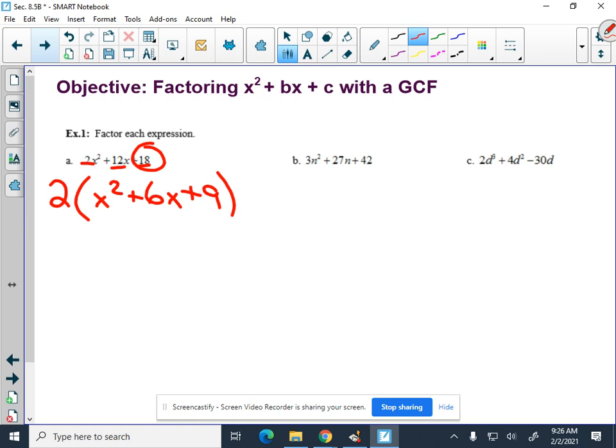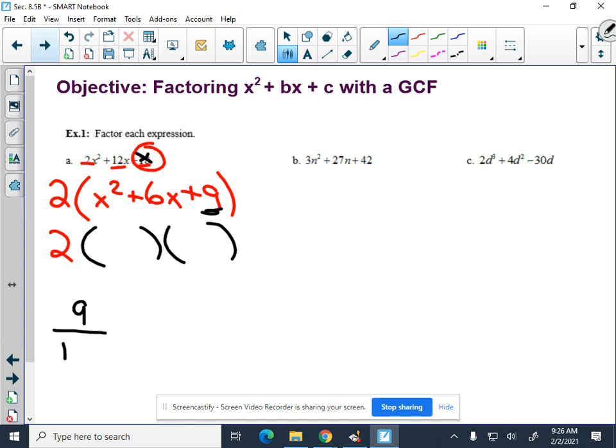Now, that 2 is always going to be there, but the rest of this, I'm going to take this one, and I'm going to factor that one like we did yesterday. So the number I'm now looking at isn't the 18, it's the 9. So 9, we want to think of all the ways we can multiply to get 9.